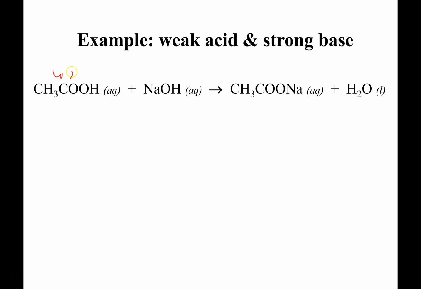Weak acid, strong base, going to form sodium acetate and water. Seeing how things break apart, the only things breaking apart or ionizing entirely are your NaOH, and also sodium acetate. So when we cancel common ions, spectator ions, one thing that's going to cancel is your Na+.